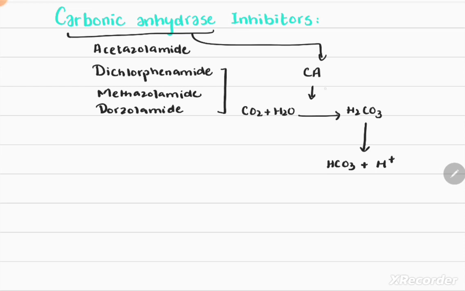So we inhibit this enzyme, and all this process is also inhibited. As a result, the bicarbonate does not get reabsorbed, and it is lost in the urine. So this is how the carbonic anhydrase inhibitors work.